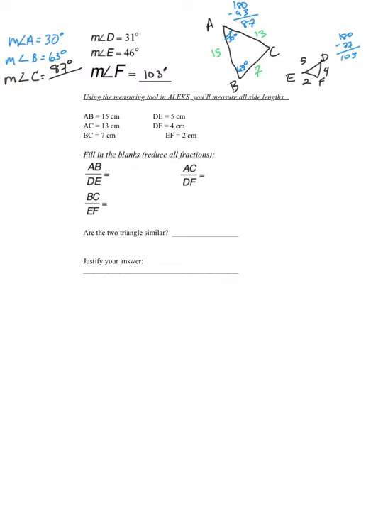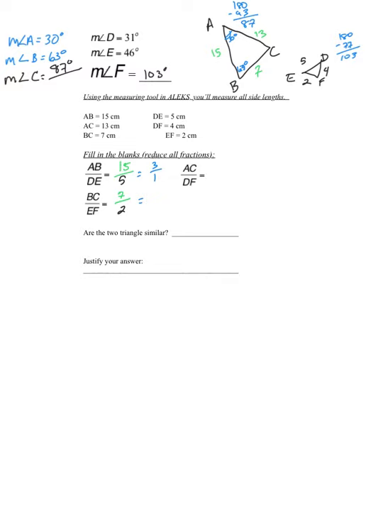The measure of side AB. AB is 15. And what is DE? Corresponding side, it is 5. And that equals 3 over 1. Okay? Side BC is 7. And side EF is 2.